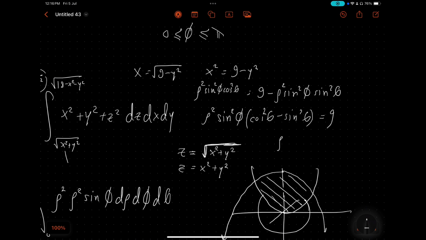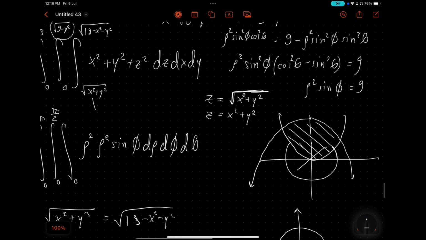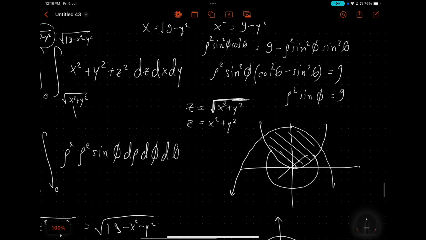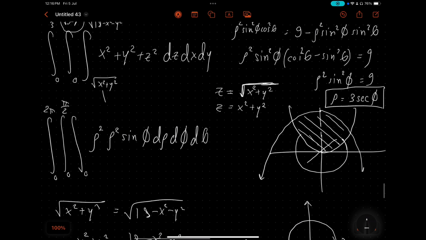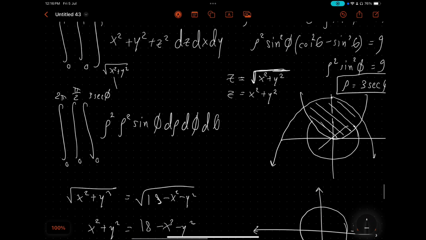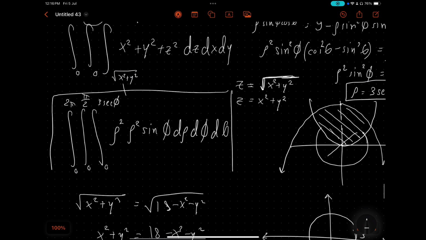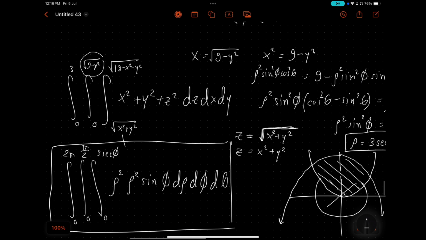So we get rho squared sine squared phi equals 9, and so rho is 3 secant phi. So it goes from 0 to 3 secant phi, phi from 0 to pi over 4, theta from 0 to 2 pi, and that's basically our volume in spherical coordinates. Yeah, we found it from this 9 minus rho squared.